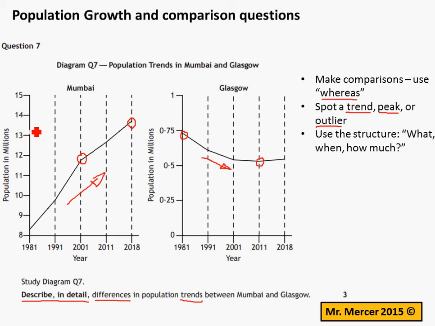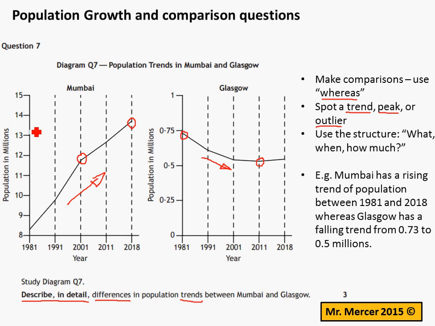In the example I'm about to show you, I've written it to show the comparison between Mumbai and Glasgow. For example, Mumbai has a rising trend of population between 1981 and 2018. Whereas, and that word is very important because without that word we are not comparing the two graphs, Glasgow has a falling trend from 0.73 to 0.5 millions.